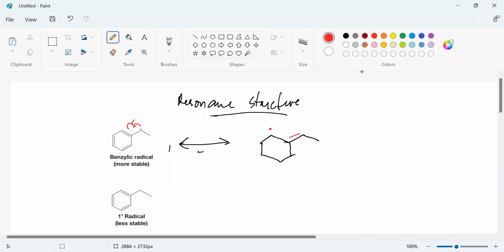And the next is another resonance structure. So this is one of the contributing structures, and next is another resonance stabilization. You can have that and that.